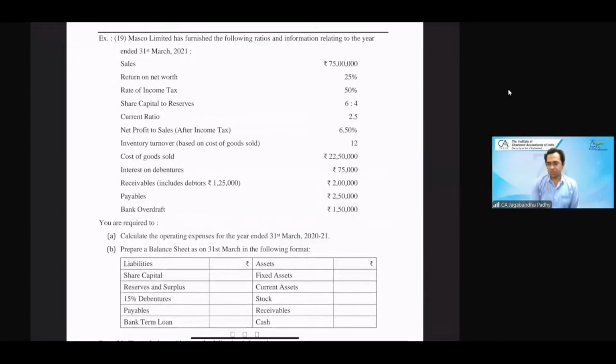Are you all able to see the question, guys? Yes, sir. Okay. I just want you to have a look at it for a minute, read the question properly, and then we'll start solving it.